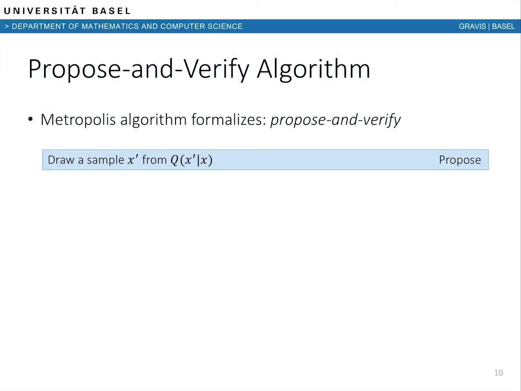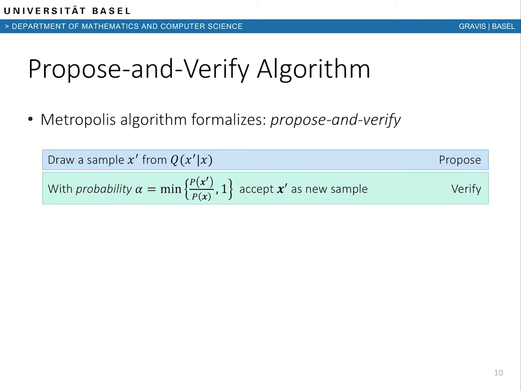We first have a proposal part where we draw a possible sample from an unspecified proposal distribution, so this can be almost any distribution. In the second step, we verify these proposals using these acceptance ratios and throw dice whether we should accept them or not. This is a verification stage, checking whether the proposals are consistent with our target distribution.